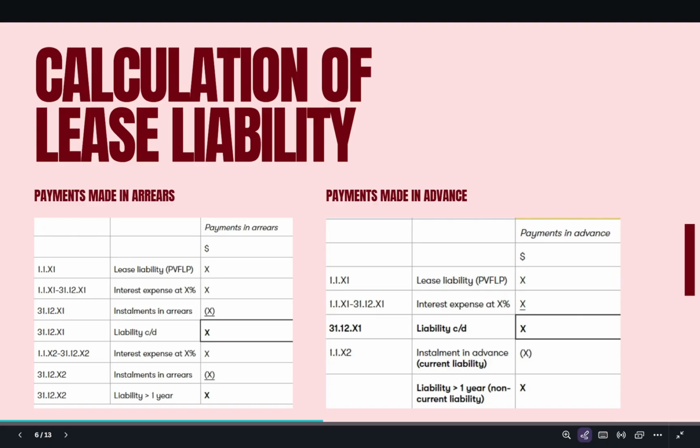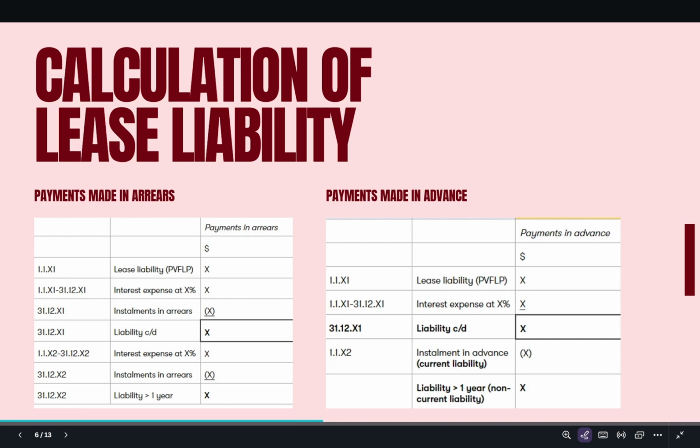Then to determine how much is the current and non-current, for the current one, you will count it based on the interest expense at the next period. So for example, if the period now is 20x1, then you must count the interest expense for 20x2, and you must subtract the interest expense with the installment in arrears for that year.